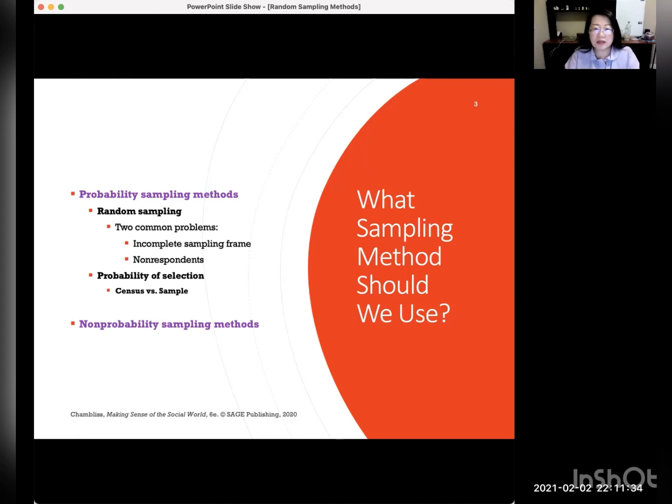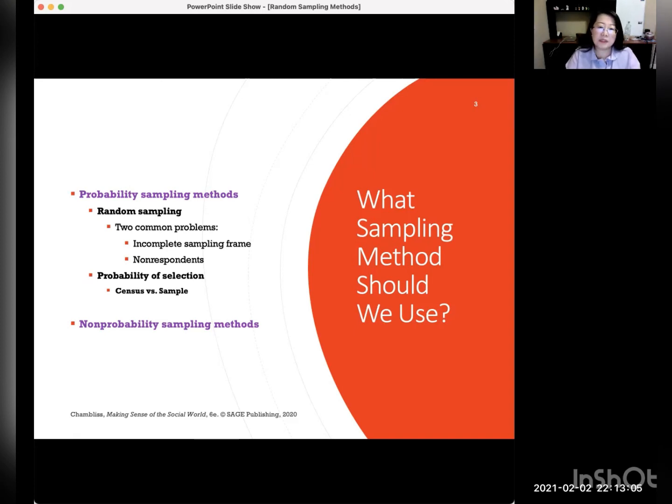There are advantages and disadvantages for either sampling procedure. For probability random sampling, two common problems are, number one, the sampling frame. Like I said, it is not easy to obtain the sampling frame. So a lot of the time the sampling frame is incomplete.